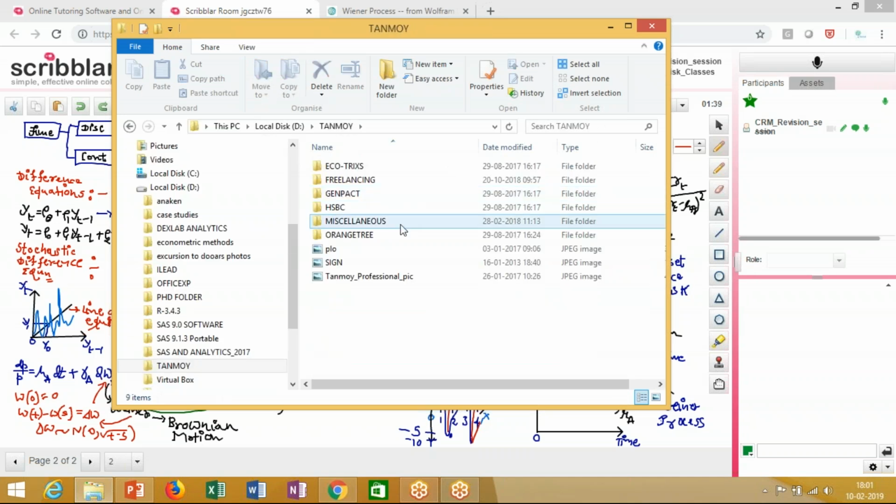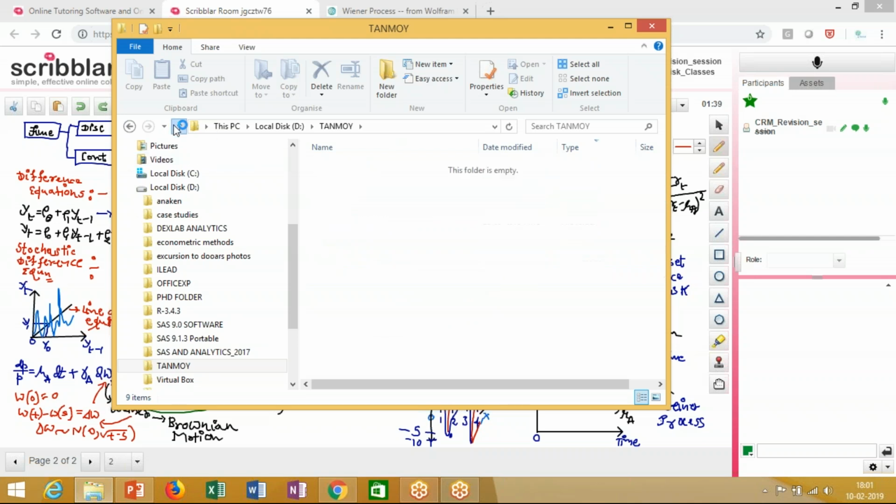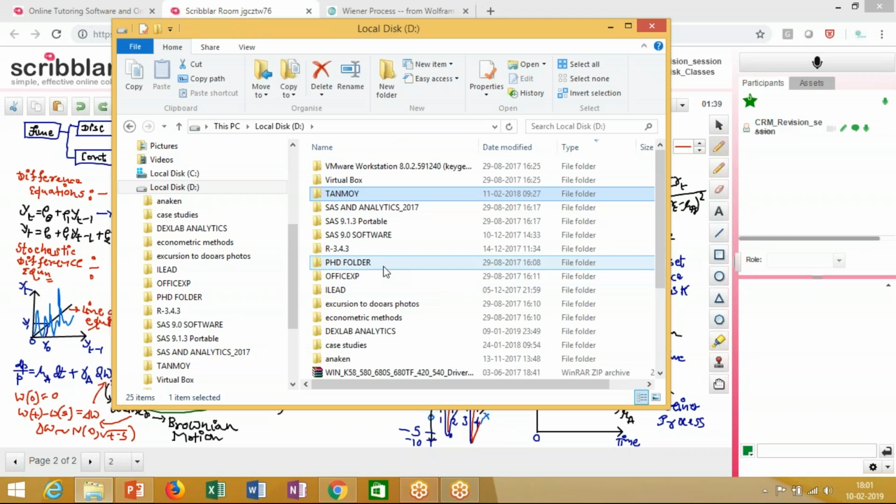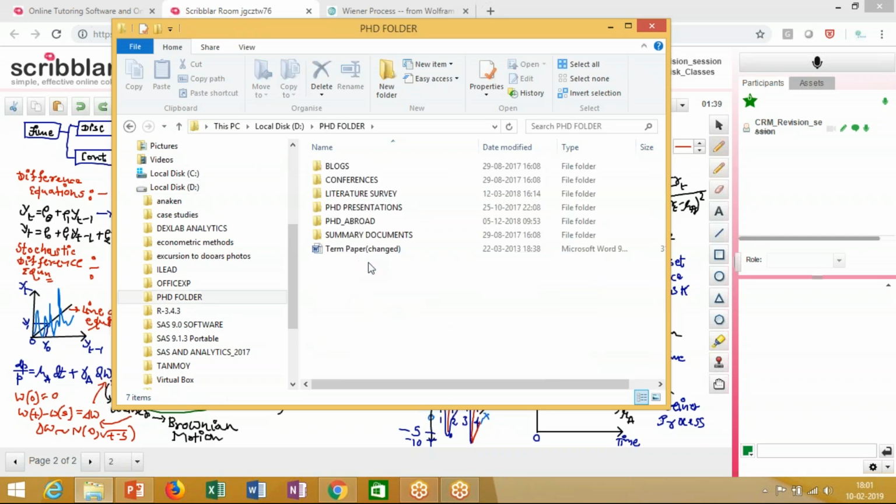I'm just trying to help you connect between these two concepts. Let me find it, because it's been quite some time since I had my hands on these data sets.